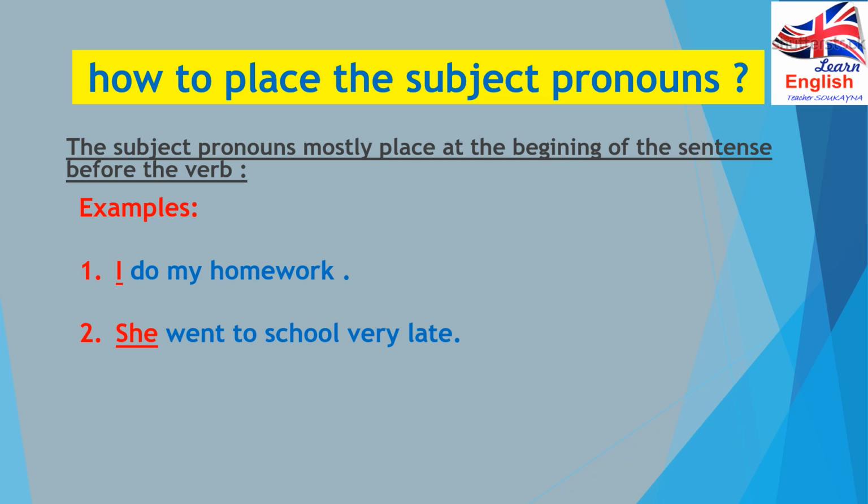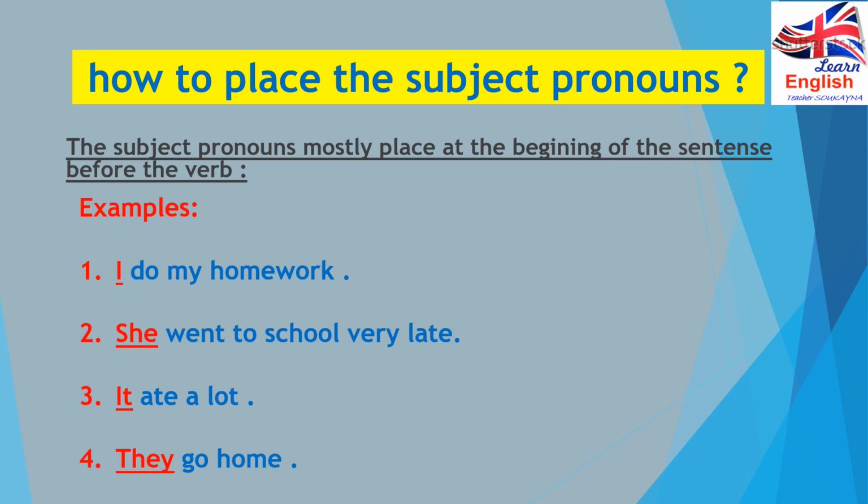She is a subject, comes at the beginning of the sentence. It ate a lot. It's a subject, comes at the beginning of the sentence. They go home. They, it's a subject, it comes at the beginning of the sentence again.